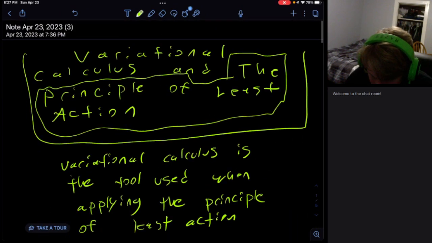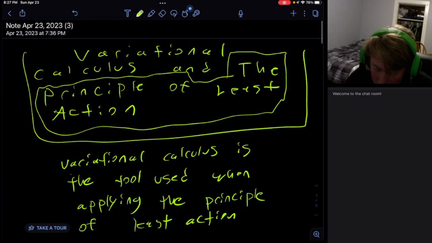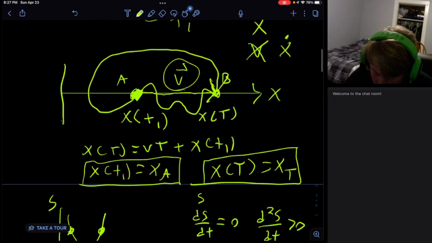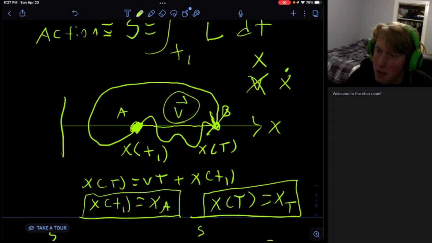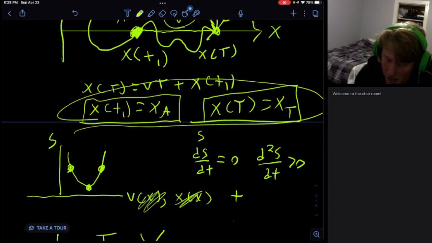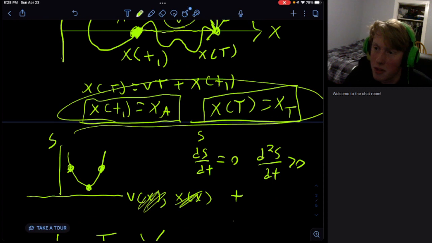As a summary, we started by defining variational calculus and the principle of least action. We defined our physical system as a mass particle traveling in one dimension with constant velocity. We defined our boundary conditions so that once we have our differential equation, we can find the equations of motion.